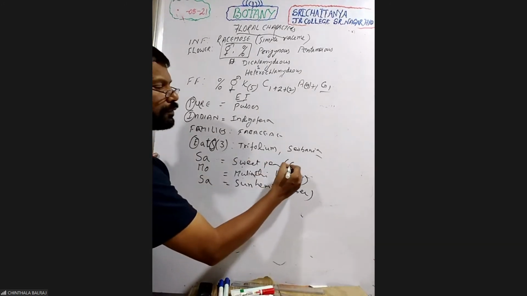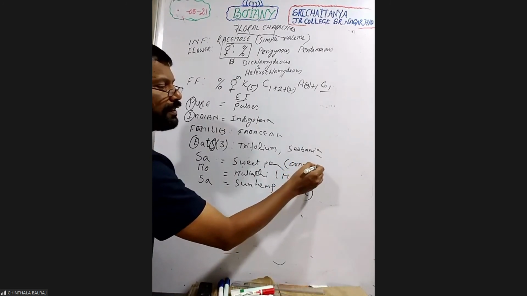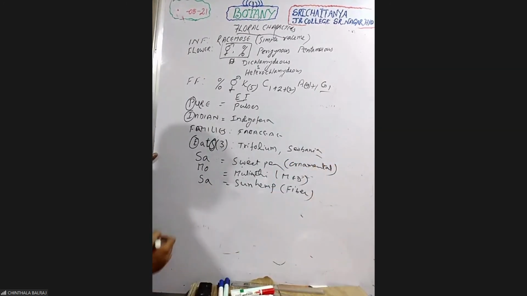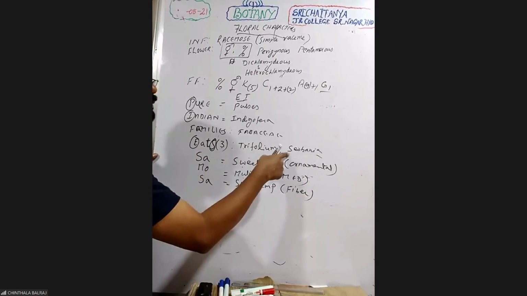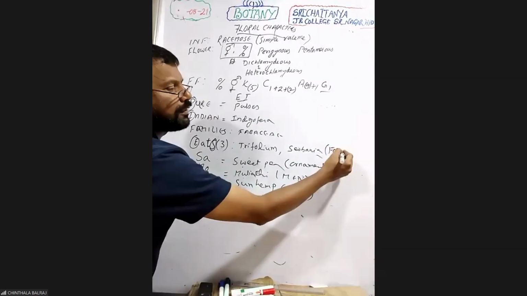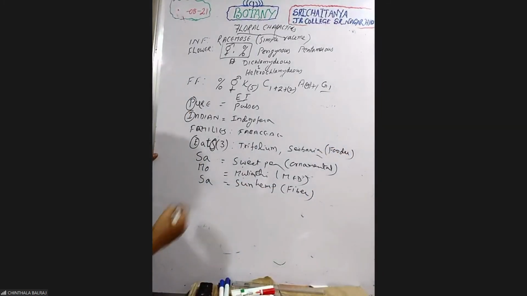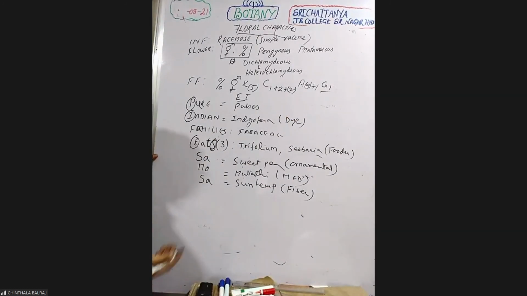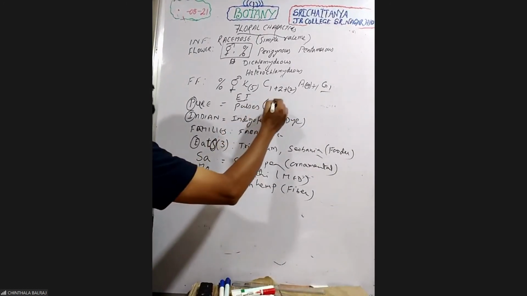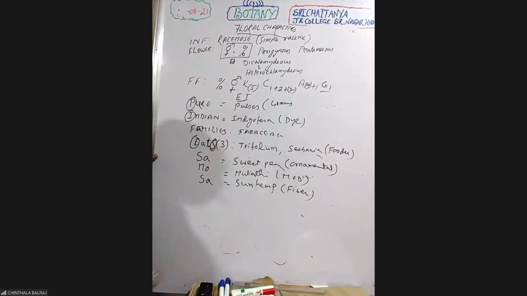Sweet pea is an ornamental plant. Indigofera, dye. Pulses include all grams, no? Yes or no, please?